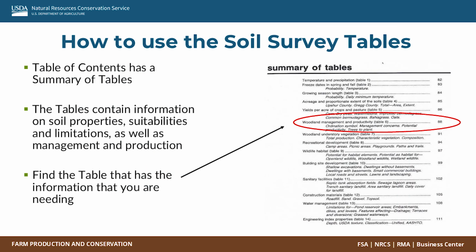So the tables, again, this is all prior to the internet. This is the paperback version. Everything that you're getting in the app, this was in a paper version. So the summary tables, the woodland management and productivity, wildlife habitat, all those summary tables are basically all your interpretation. So let's take Houston Black again.